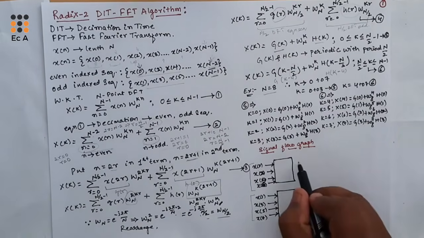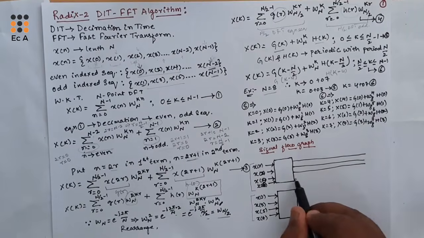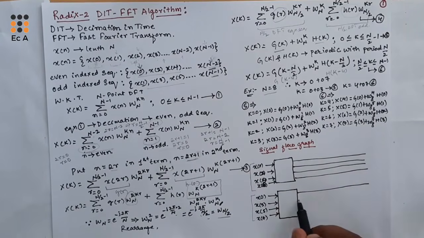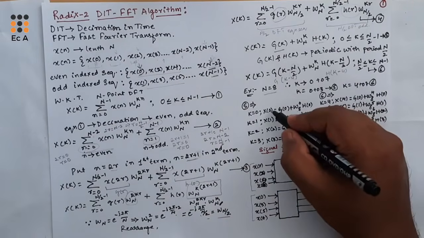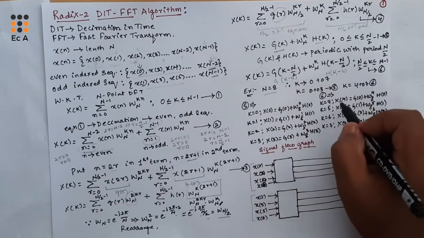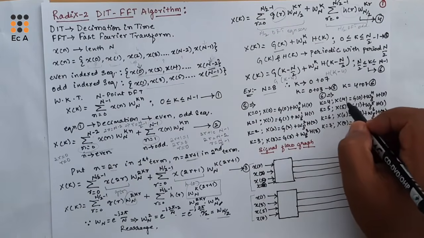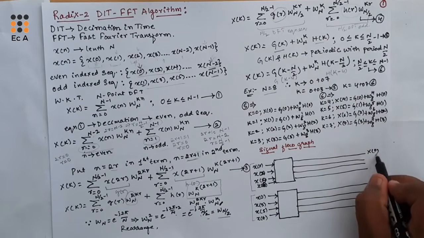Now let us extend these lines. So the output values are x of 0, x of 1, x of 2 and x of 3, and also x of 4, x of 5, x of 6 and x of 7. Let us write that.